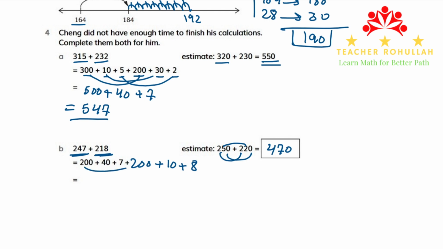Now we add the hundreds separately, the tens separately, and the ones separately. 200 plus 200 is 400, 40 plus 10 is 50, and 7 plus 8 is 15. 400 plus 50 is 450, and 450 plus 15 is 465. So the sum of the two numbers is 465, which is also close to the estimated answer.